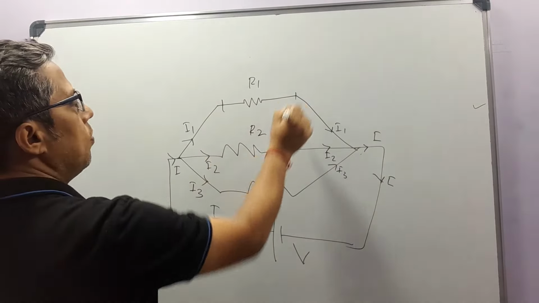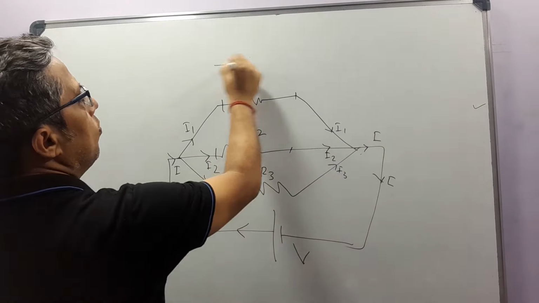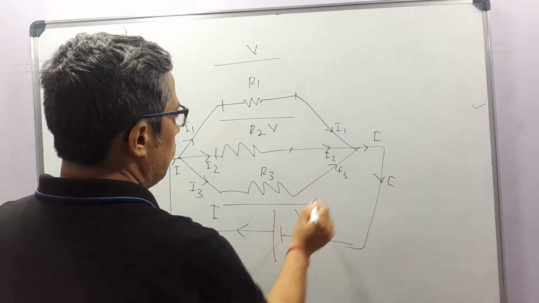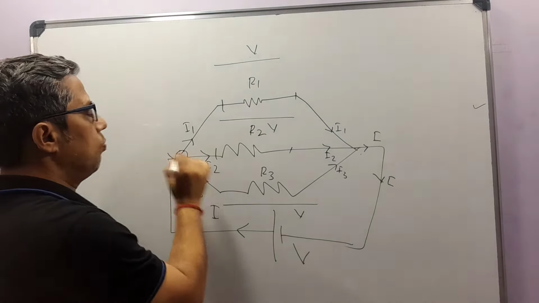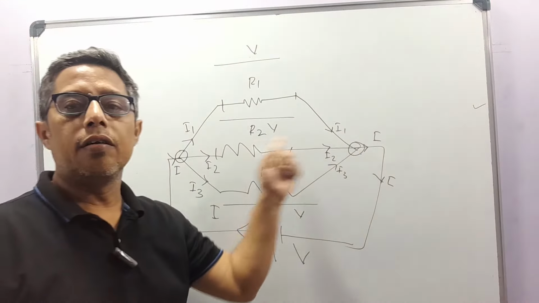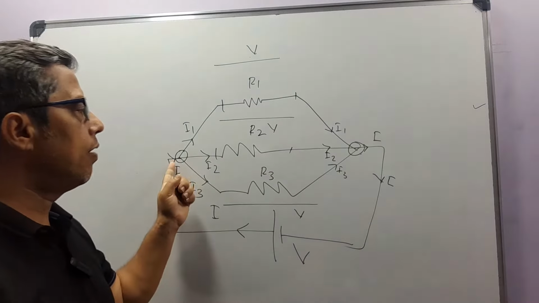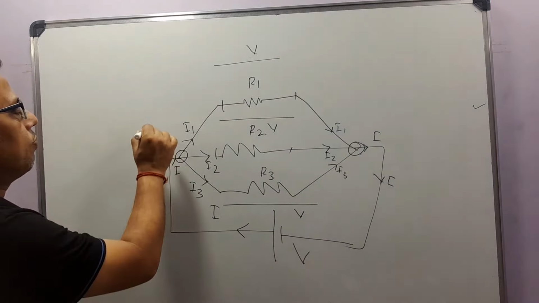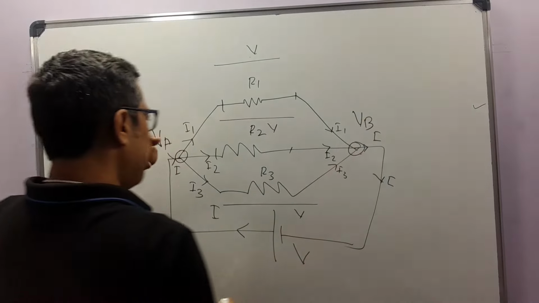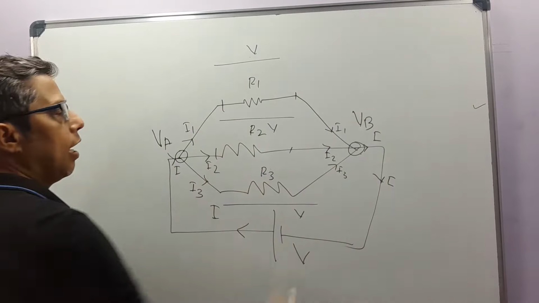The voltage drop will be the same here: it will be V here, V here. The two points are equipotential, the voltage is the same. If this is VA and this is VB, the potential difference will be the same for all three lines.